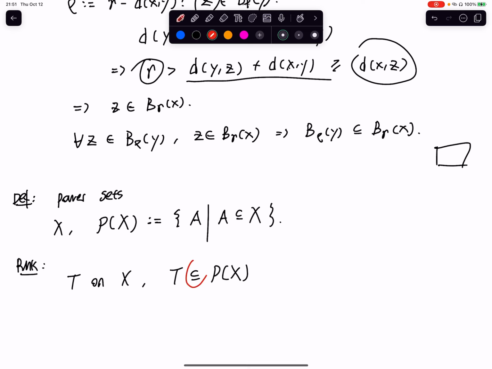Note that in saying this statement, we mean two things. First of all, P(X) is a topology. And second of all, T and P(X) are comparable.